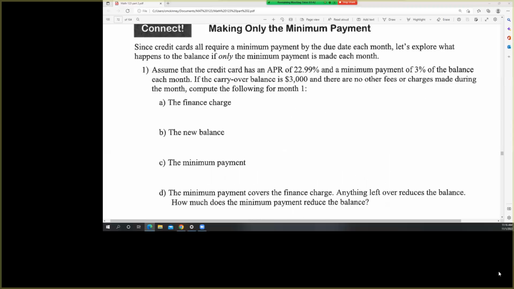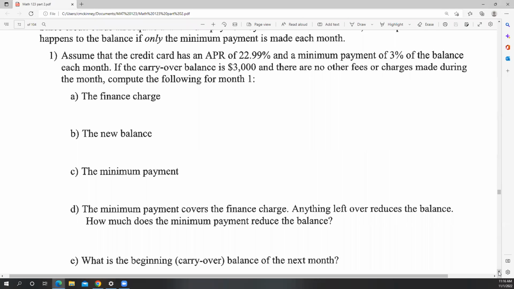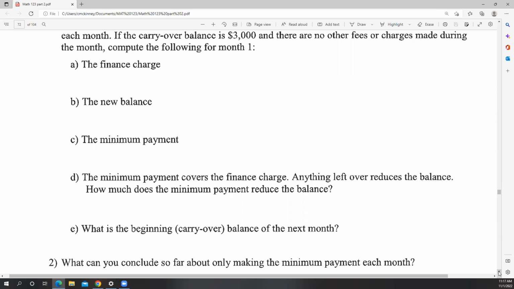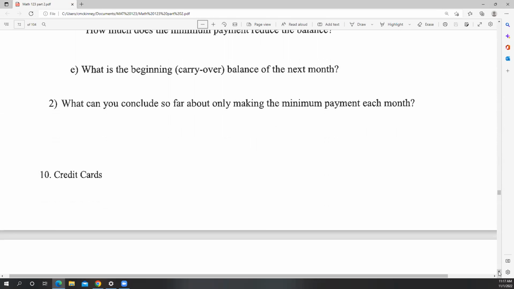Okay, so what exactly is the balance? Is that the money you have or the money you owe? This is money you owe because this is a credit card. The carryover balance is the money that you had charged the month before and have not paid off. And so then it is subject to the charges. This entire time I was like, why are they adding money to her account? No, this is money she owes them.